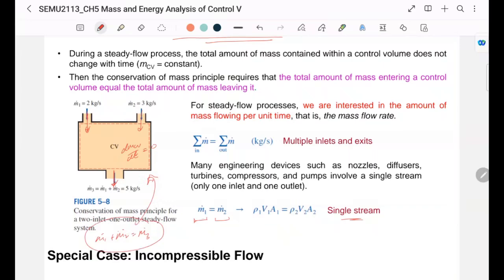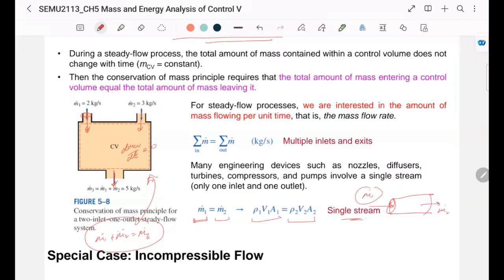Individually, m dot 1 equal to rho VA at inlet number 1 here. Sorry, this system here, I have to draw it like this. So this is m dot 1, this is m dot 2.